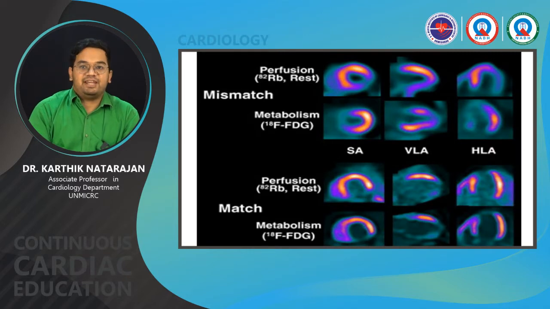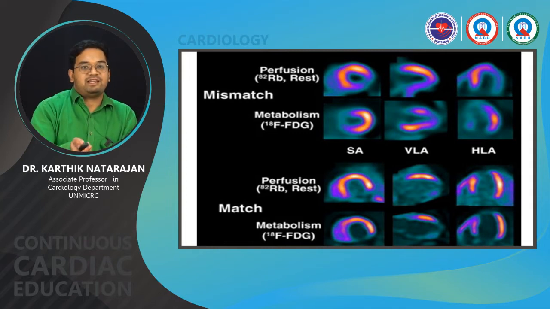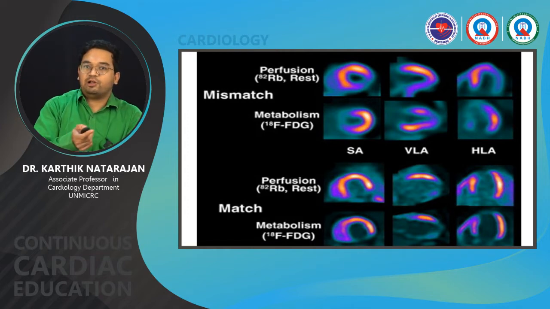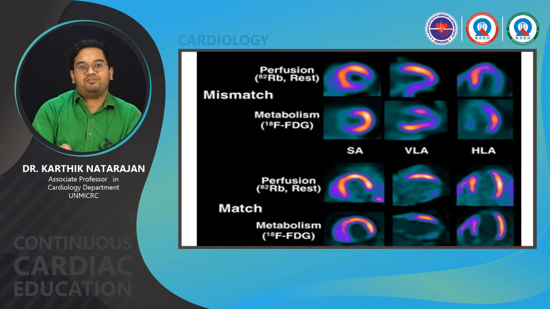So this is again a very good example of the mismatch and match. You can see that the perfusion scan has been done at rest with 82-rubidium, and you have the metabolic scan being done with fluorodeoxyglucose, and you can see in all the three views that there is a mismatch. In the short axis view, the tracer uptake is absent in the lateral wall in the perfusion scan, whereas in metabolism it is predominantly absent in the septum.